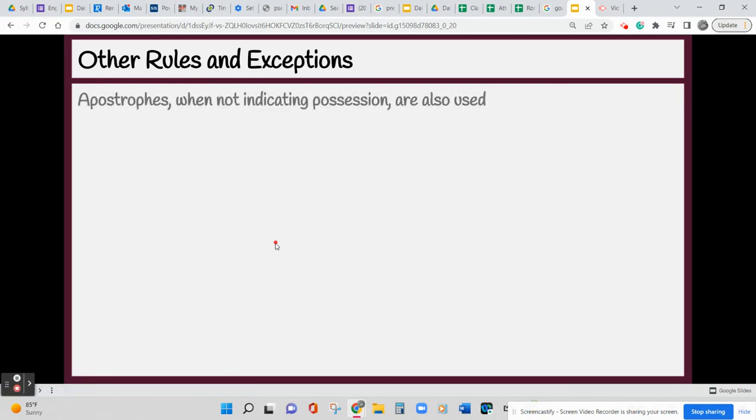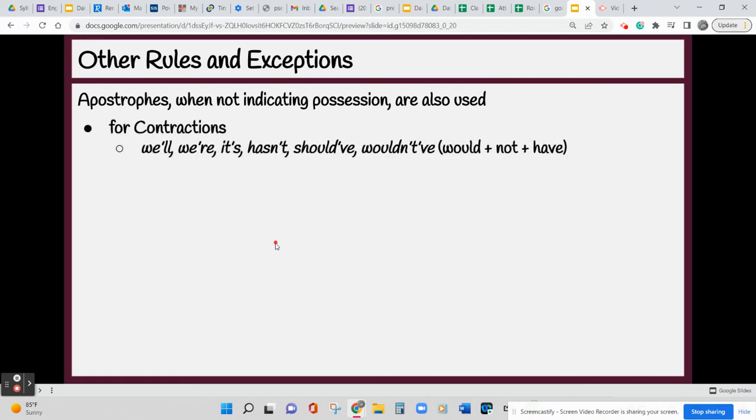Other rules and exceptions. When apostrophes are not being used to indicate possession, we are also using them for contractions like we'll or we're or it's, hasn't, should've, would've. Here, I'm going to have so much fun that they'll be jealous.